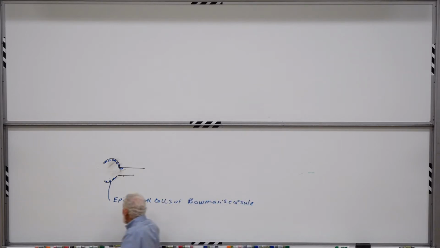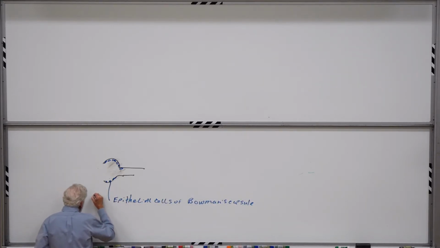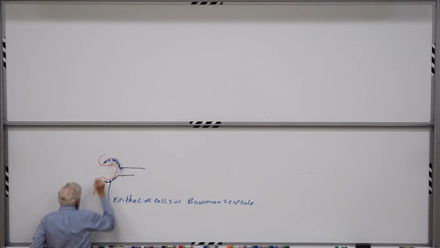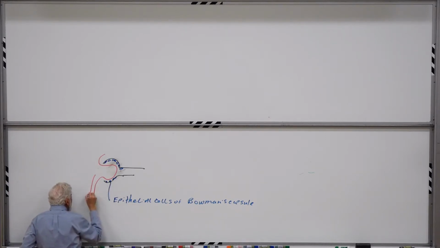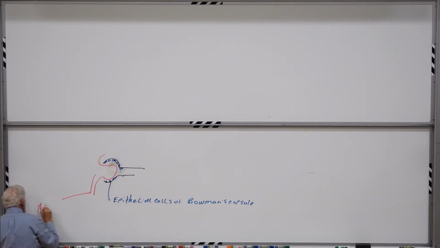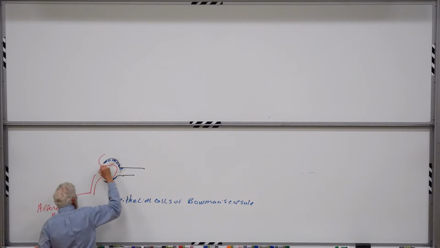Then feeding into this structure are the blood vessels. This structure is intended to represent the afferent arteriole. And this structure, the oxbow, let me make this a little bigger, the oxbow is intended to represent the glomerulus.